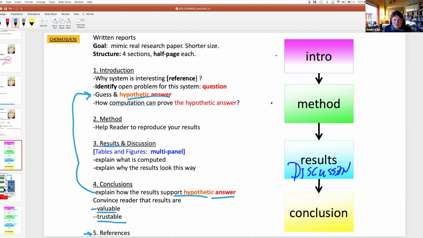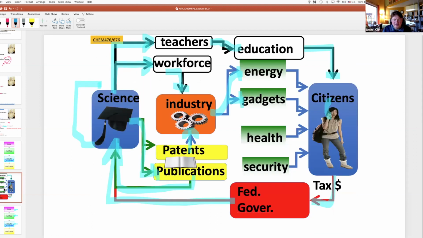But if this class were offered for undergraduates who do not know what they want, at least 50% of them, or if you need to talk to the general public, here I offer some simple logic why certain scientific research can be useful, what could be the impact, why it can be important for the general public.